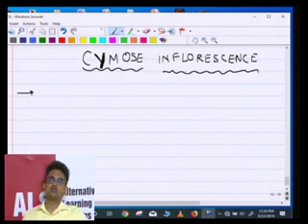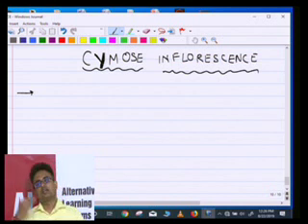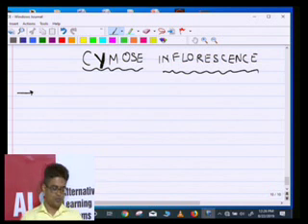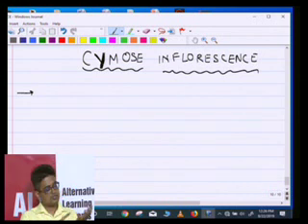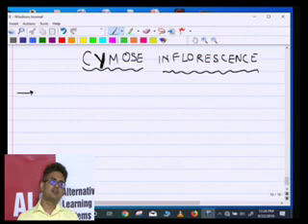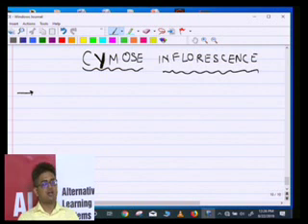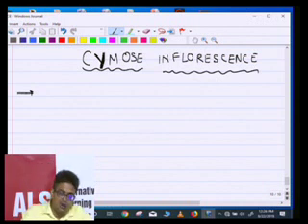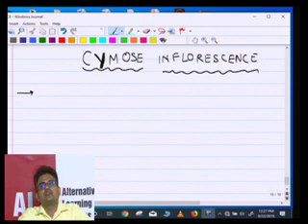For understanding cymose inflorescence, take a look at those flowers which are present around you. Take a look at hibiscus, take a look at rose, then some other flowers like orchids and datura. These flowers are very common and present all around us, and they represent the cymose inflorescence.